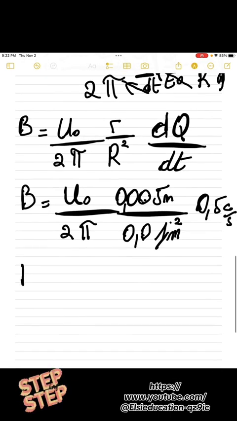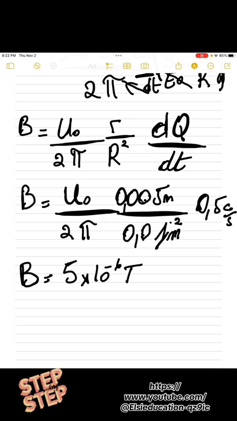So the magnetic field is equal to 5 times 10 to the power of minus 6 Tesla.